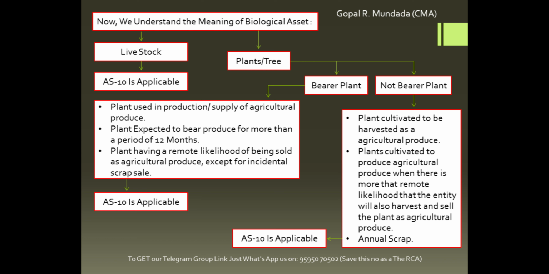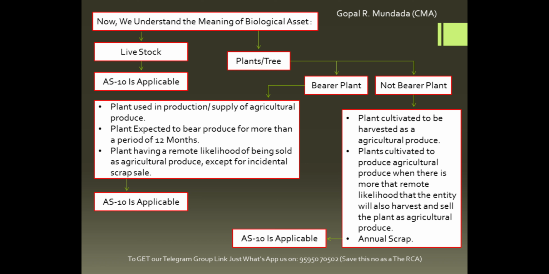So guys, next is plant and tree. Plant and tree are again divided into two basic parts, that is bearer plant and non-bearer plant. A bearer plant is a plant used in the production or supply of agricultural produce. Next, the plant is expected to bear produce for more than a period of 12 months. In this case, we can take an example of an orange plant and a mango plant, and also the example of a coconut plant that is used for more than a 12 month period.